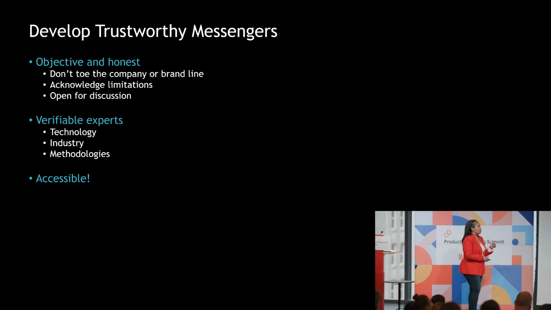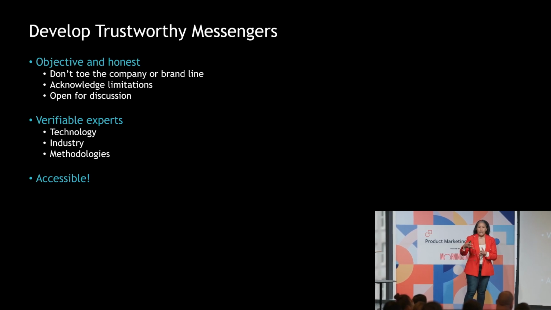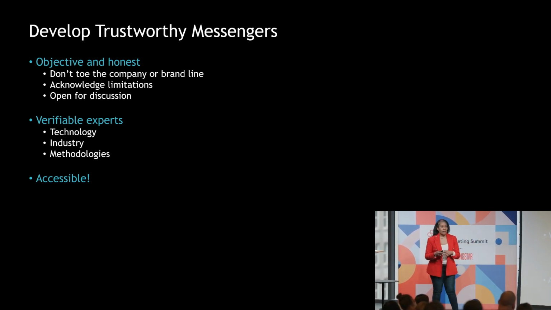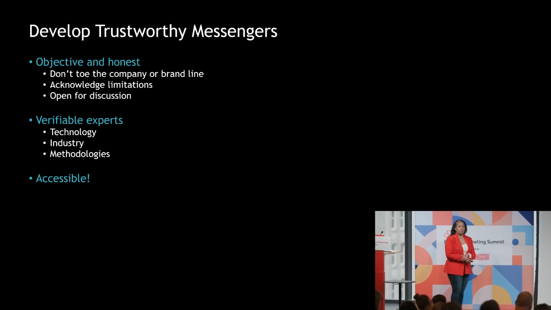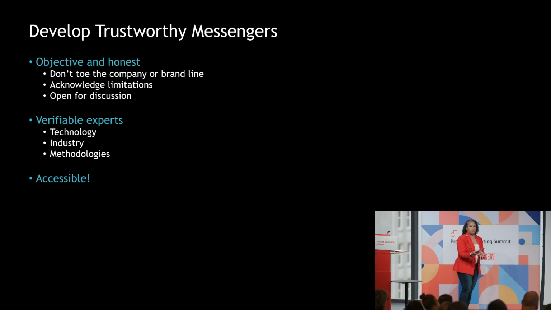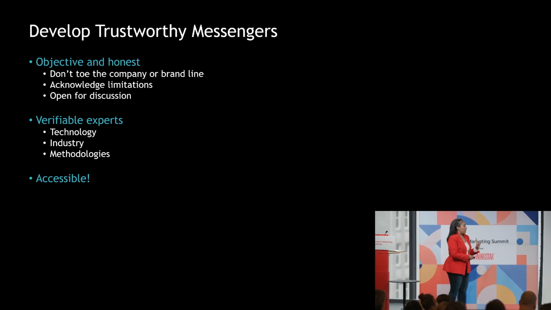And whoever you're using as your advocates, as your voice, has to be knowledgeable. They have to be trustworthy. They can't just say, yeah, I know how to code in Java. I need to know what that looks like. What's that person's online profile? Where are they on GitHub? Where are they on Twitter? Where are they on Reddit? Any number of different things. But they have to be objective and honest, okay?